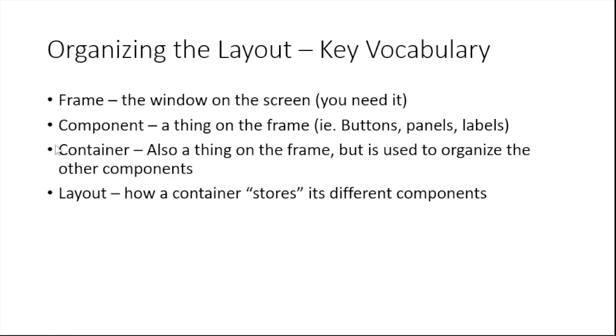Also, your dresser has a certain layout. You can see that there are different kinds of dressers that exist out there, and they all have different layouts. So these are the four main keywords, I guess, key vocabulary that you'll need to know for understanding layout.